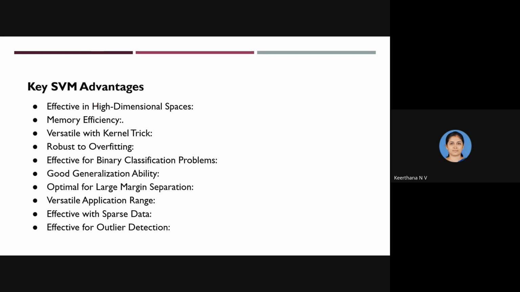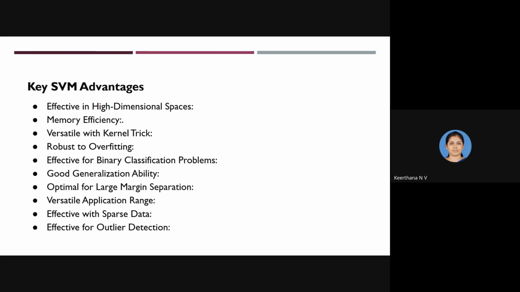Common kernels, as I have said, are the polynomial kernel, sigmoid kernel, and RBF. These three kernels allow you greater flexibility for your model while dealing with different types of data distributions. The next one is robustness to overfitting. It gives proper generalization, as it generally has a good generalization ability.